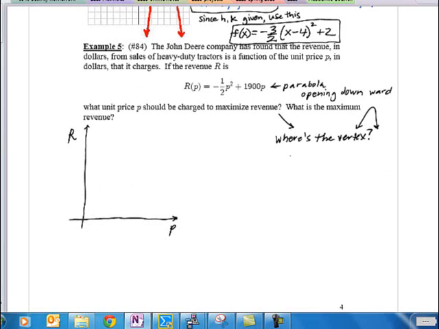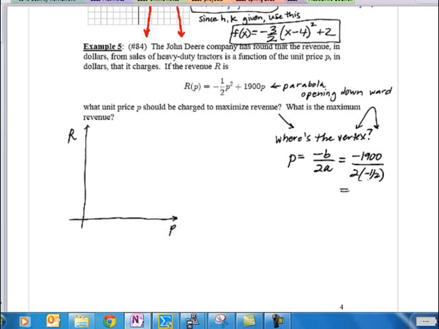So P instead of x would be opposite of B over 2a. A is negative 1/2, B is 1900, and C is 0. So negative 1900 divided by 2 times negative 1/2 looks like negative 1900 divided by negative 1, so 1900.